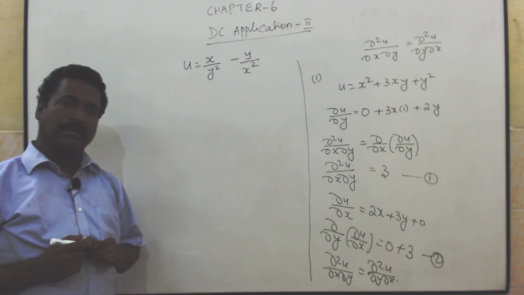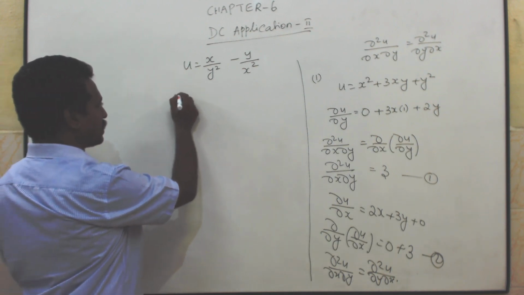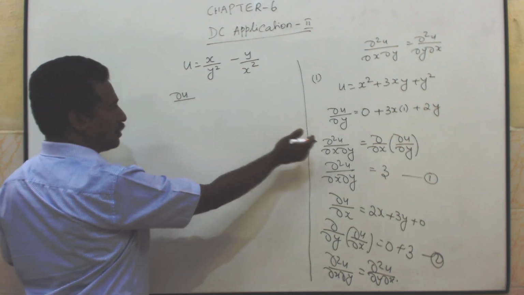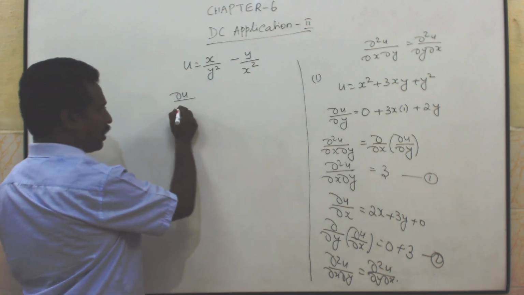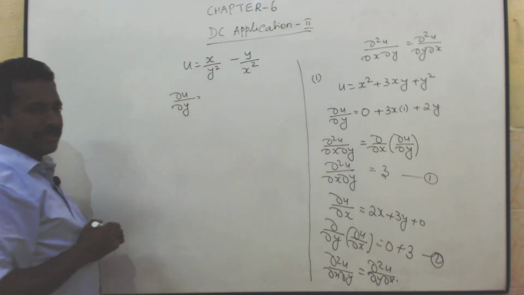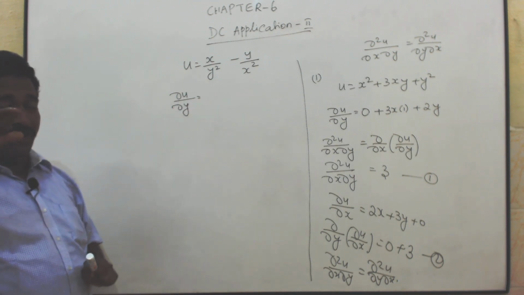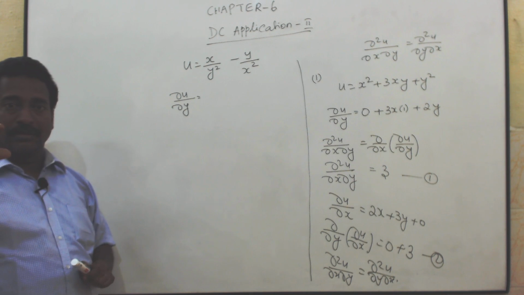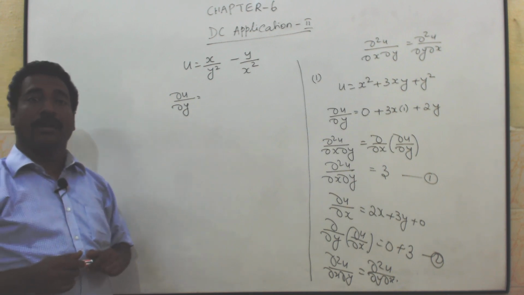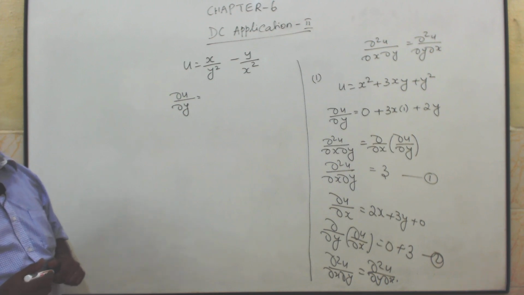What is the first part? Dou u by dou x, dou u by dou y. X is constant, 1 by y square. We know the formula 1 by x power n, differentiation is minus n by x power n plus 1.